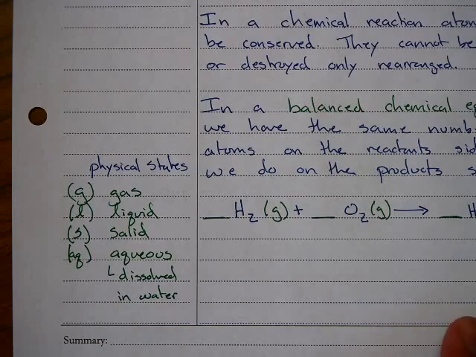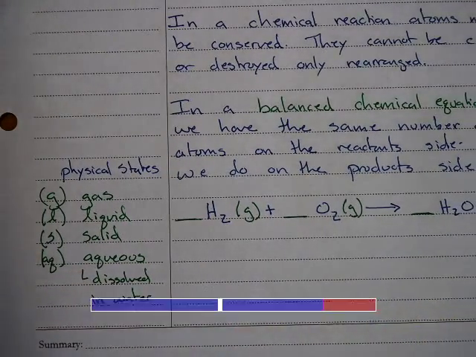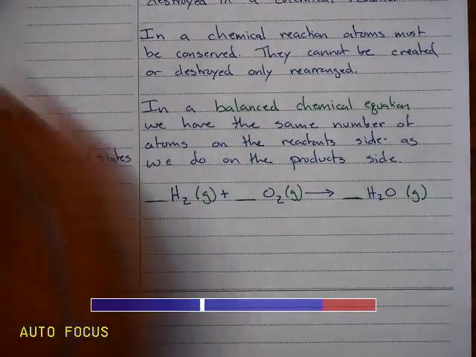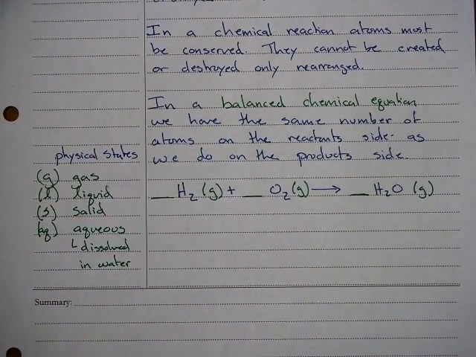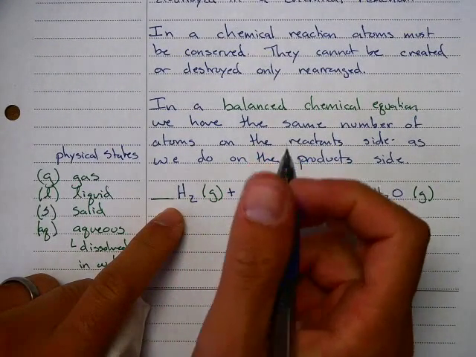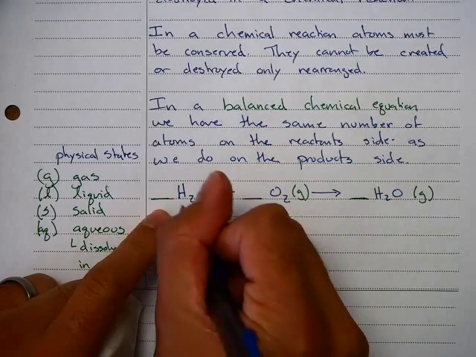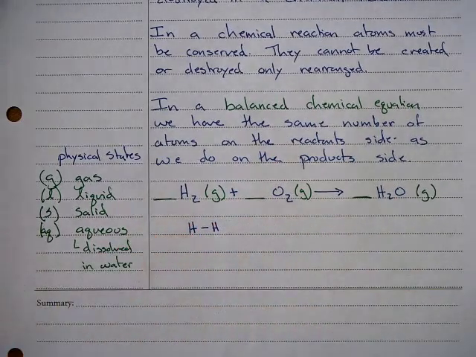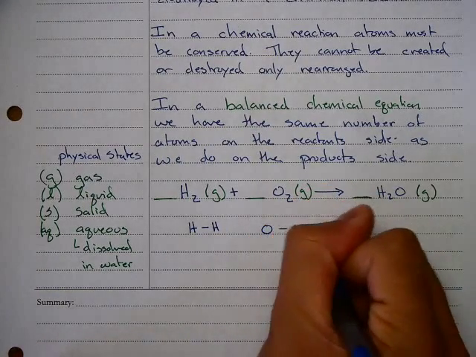All right, let's go back to Luciana's question. There's a problem with this equation. Would you all agree that over here on this side, we have two hydrogens? So we have hydrogen and hydrogen, and they're connected. It's a molecule. It's hydrogen bonded to hydrogen, H2. And we also have oxygen bonded to oxygen.